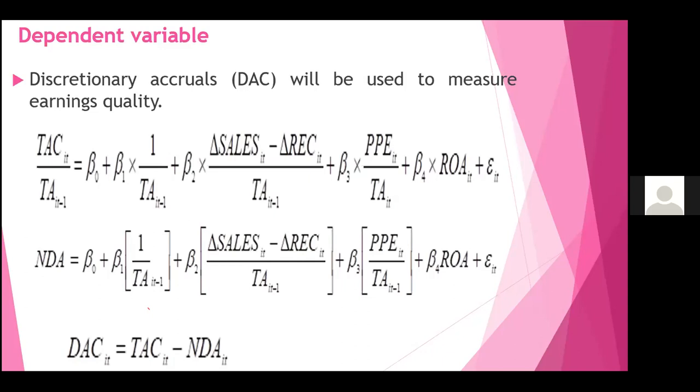But you can't measure discretionary accruals directly like that. You must first get non-discretionary accruals, and subtract them from total accruals to get discretionary accruals.